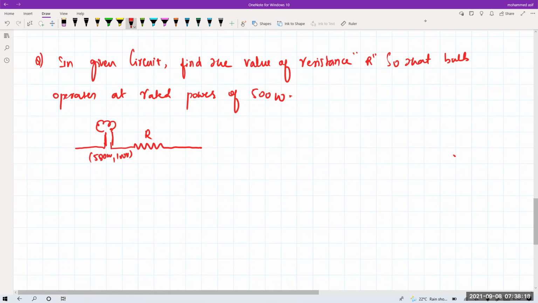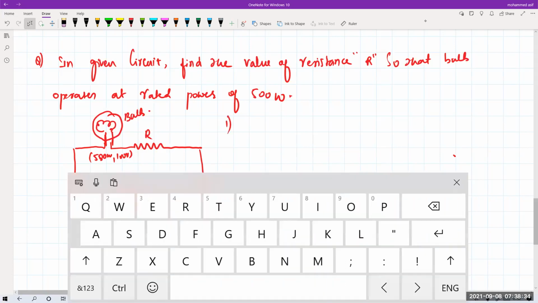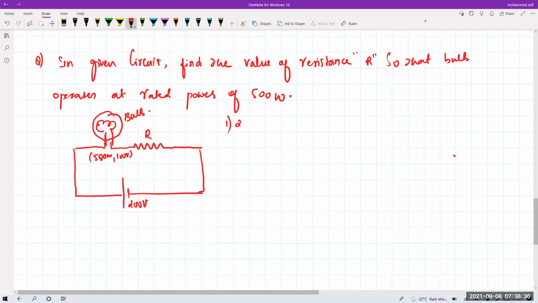This is connected to an external source, a battery with positive and negative terminals somewhat like this, and here it is 200 volt. Can anyone try it, beta? Direct question. Again I'll give the options: first one is 200 ohms, second one is 30 ohms, third one is 40 ohms, and fourth one is 50 ohms.